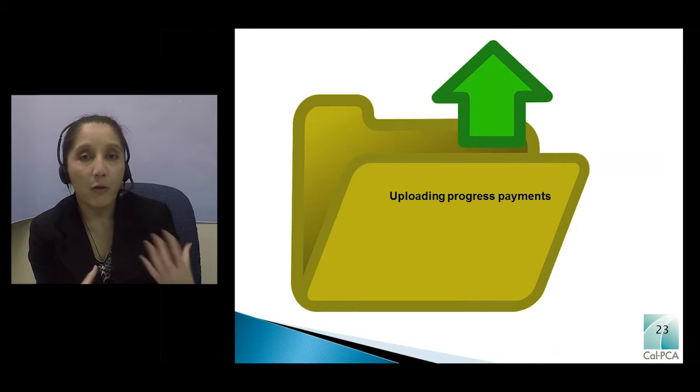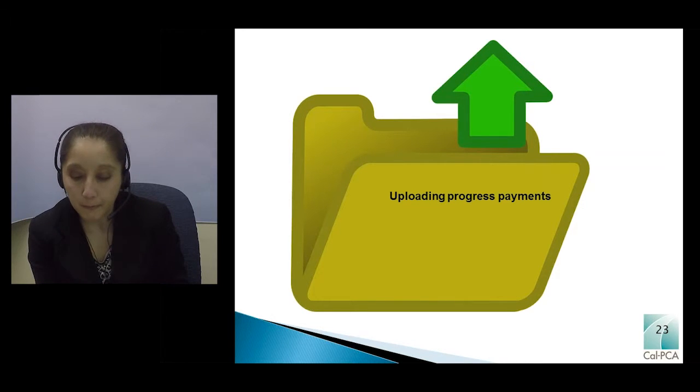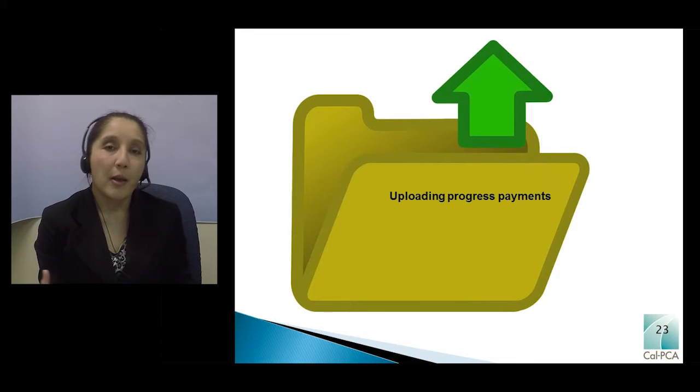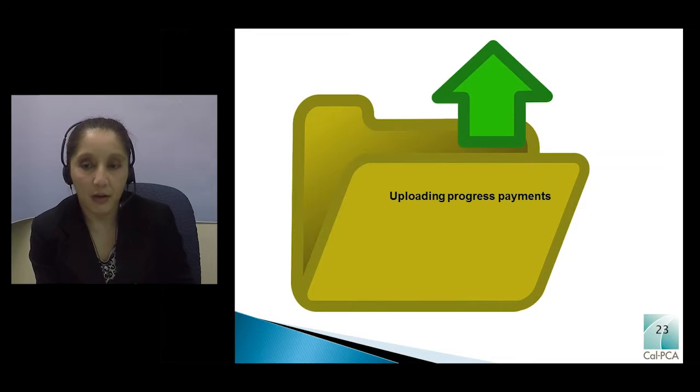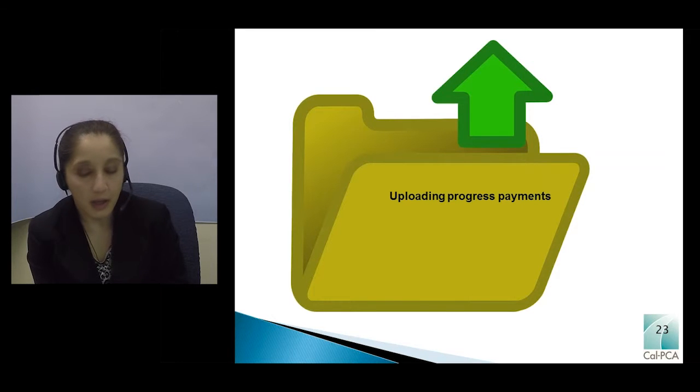So there's a whole process before everything came live, and your department had to indicate whether or not they were interested in participating in an upload process. Now, as you can see, based on the SCM and Public Contracting Code, there may not be many progress payments that you are making. Therefore, your department may have elected to not do an upload.